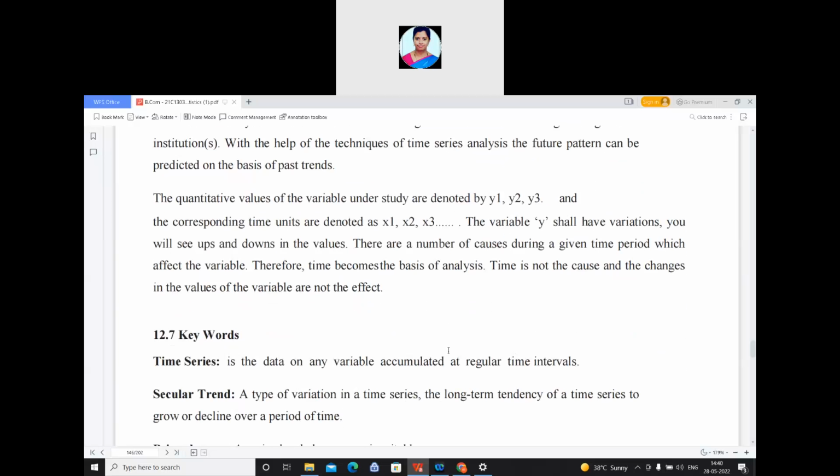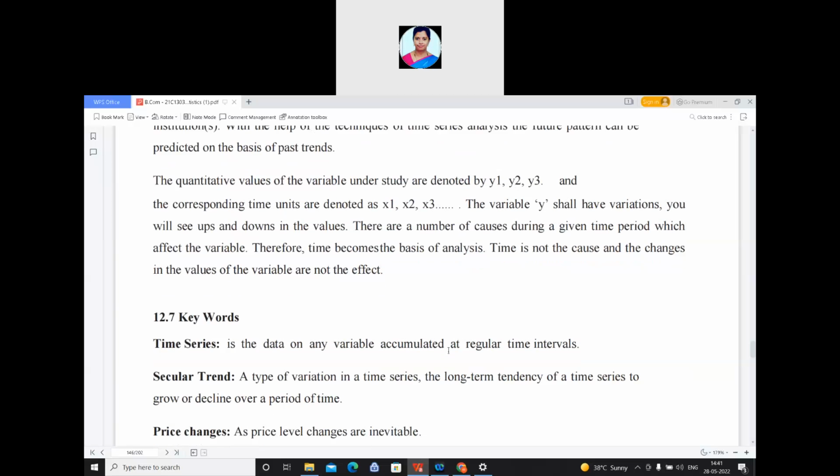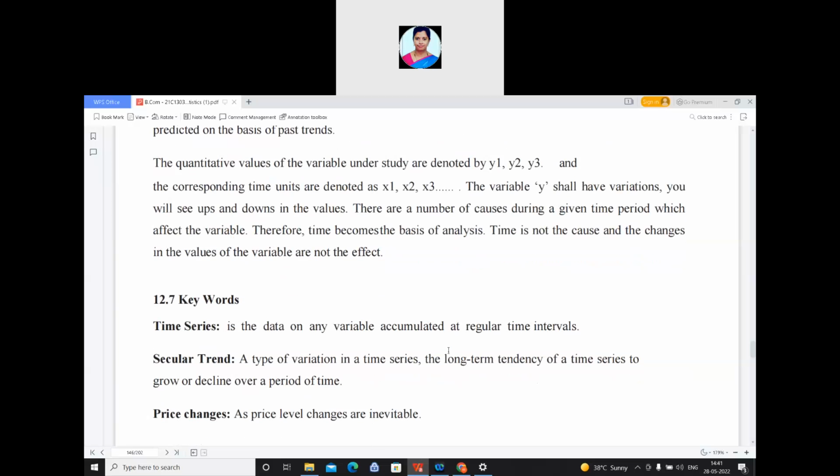Time series, as we know, is data on any variable accumulated at regular time intervals. Secular trend means a type of variation in time series, the long term tendency of a time series to grow or decline over a period of time. So for a long period of time it is growing.